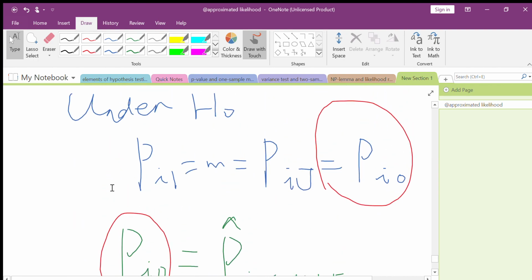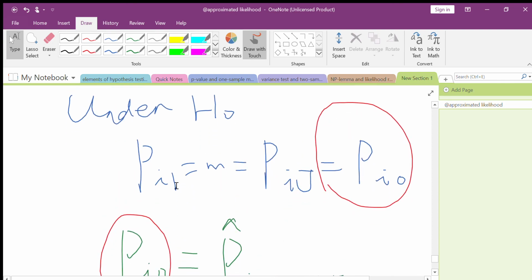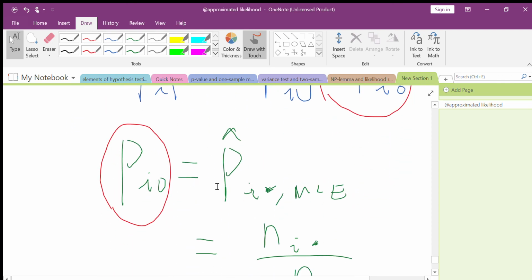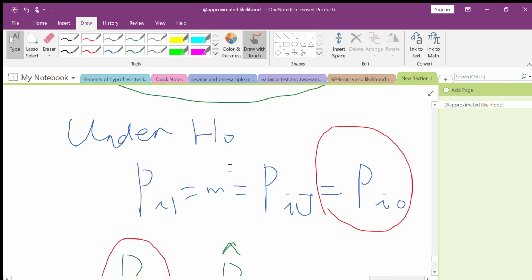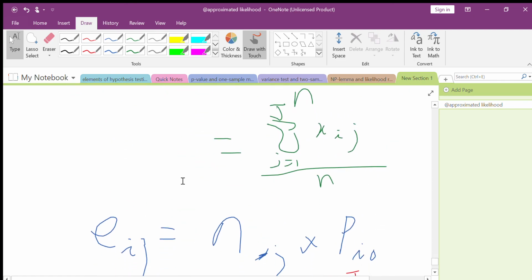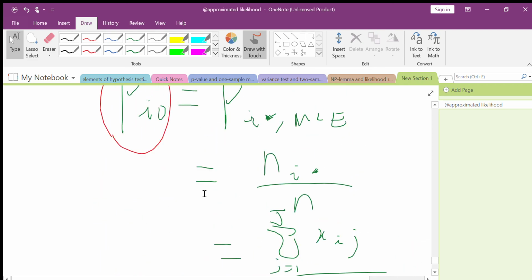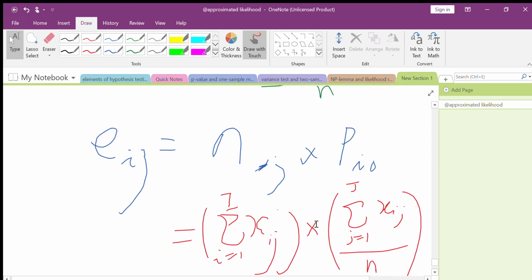We also apply the principle of maximum likelihood estimation to get pi0, because we don't know the true value; pi0 is unknown. The maximum likelihood estimate is pi dot MLE hat, which is ni dot divided by n, and eij is n dot j times pi0. The pi0 we have had, and n dot j we have defined in the previous example.